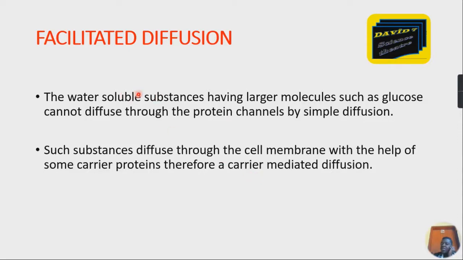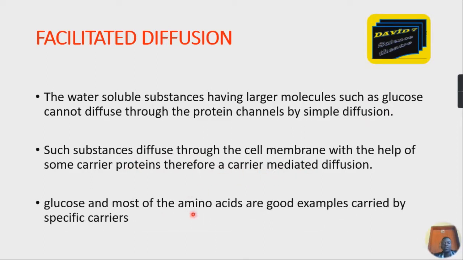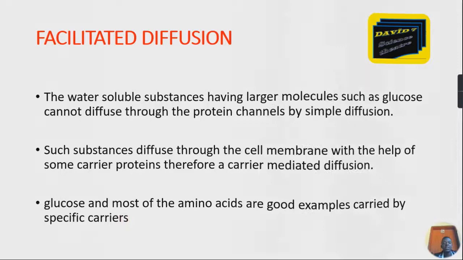Larger molecules like glucose or amino acids will not be able to pass through the protein channels, which are selective for size, charge and shape. So these will go through the carrier proteins. Glucose and most of the amino acids are good examples carried by specific carriers in facilitated diffusion.